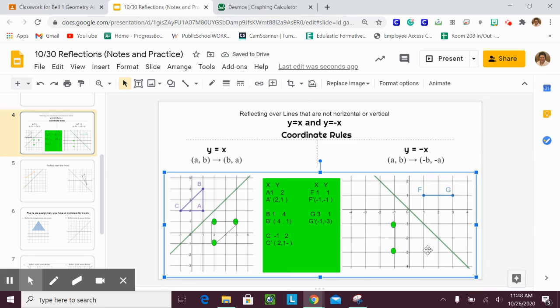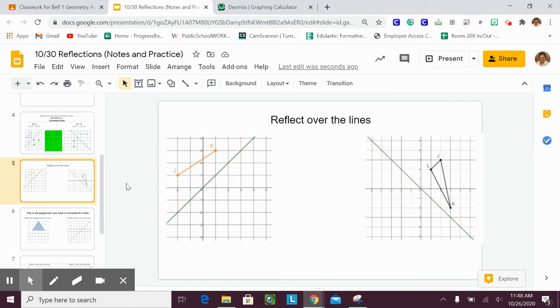Okay? All right. Last slide here, I want you to try these on your own. You're going to select the lines, over y equals x and y equals -x. And try those, please. Pause the video so you can do this on your own. Okay, so I'm going to create some.